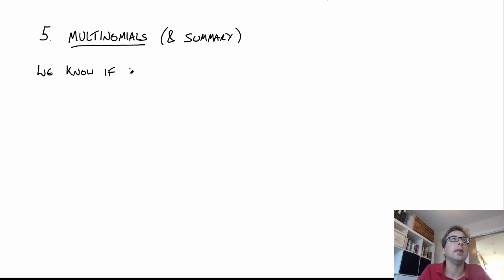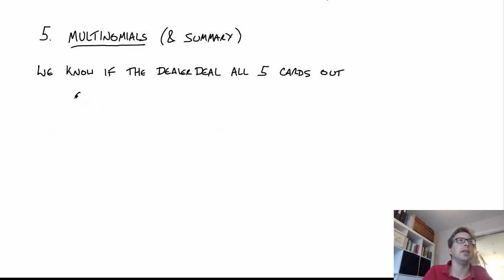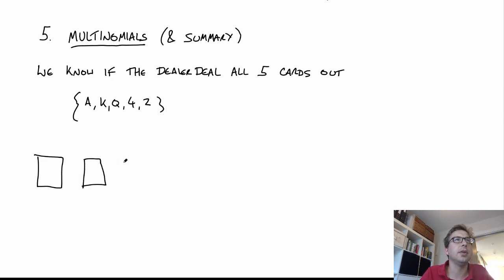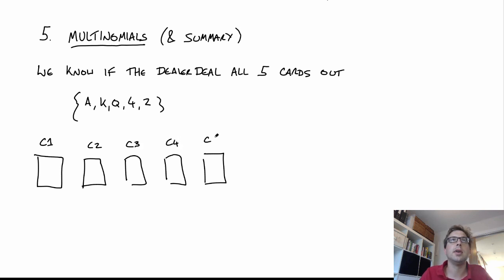If the dealer deals all 5 cards out, specifically the dealer has ace, king, queen, 4, 2, and we've got a position ready for the dealer to put each of those 5 cards: card 1, card 2, card 3, card 4 and card 5.